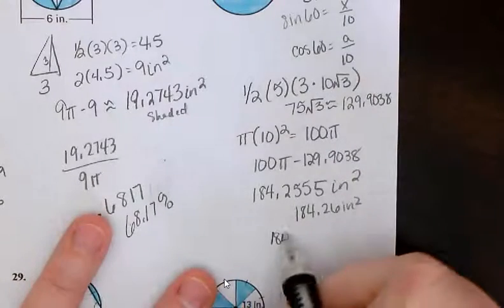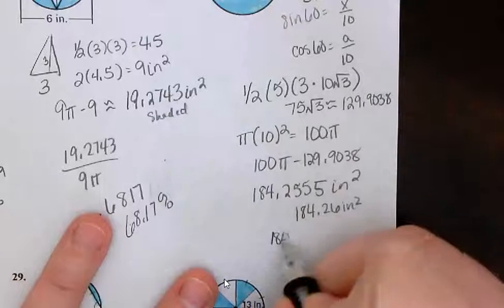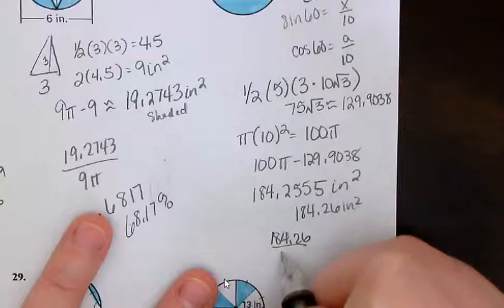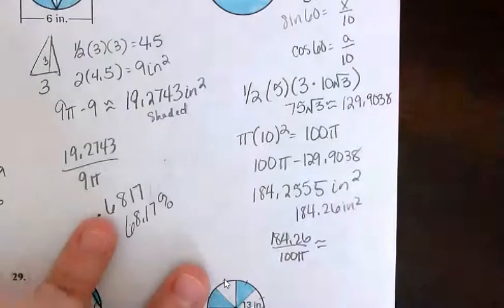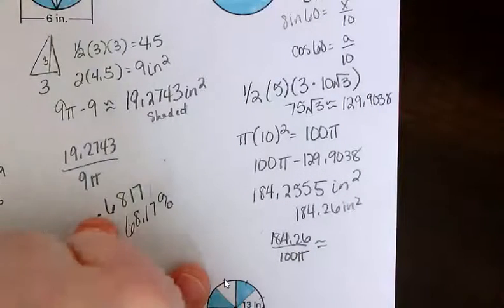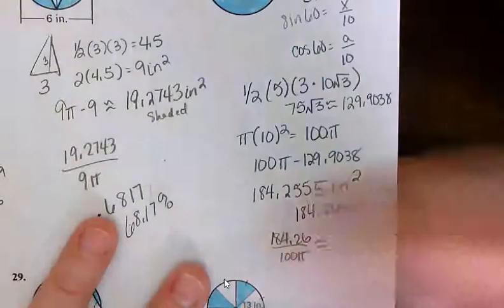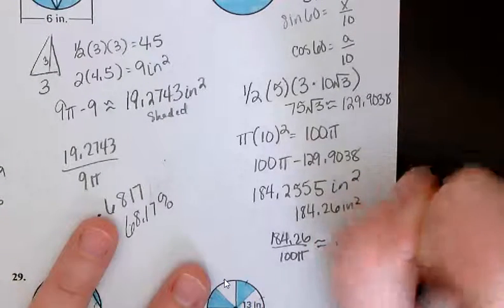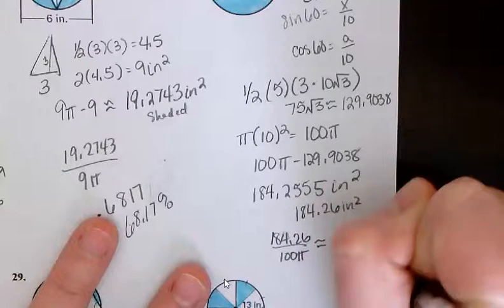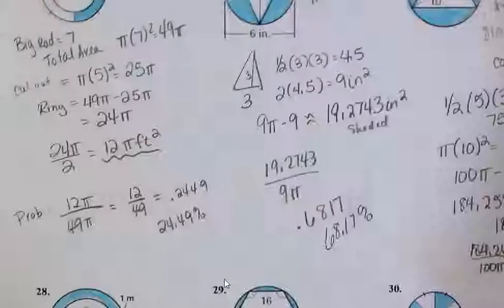To find the probability of hitting that, I take 184.26 divided by 100 pi. I get 0.5865, which is 58.65%. Alright, that's the first 3.